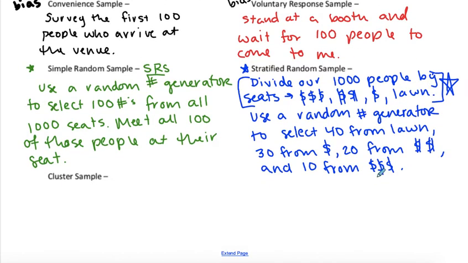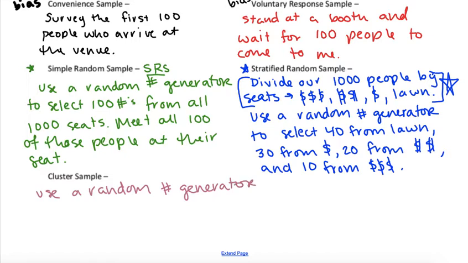The last one is our cluster sample. And so for our cluster sample, we're going to use a random number generator. There's a theme there. We'll practice doing this; right now we're just describing how.